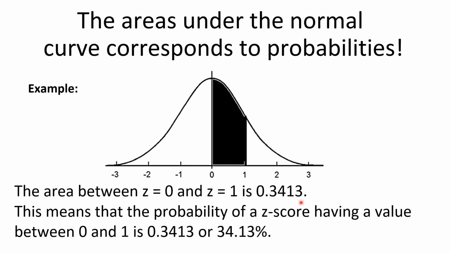Just look at your z table, locate 1.0 on the left side of your z table, and locate 0.00 on the top of your z table, then get the intersection. And you will see 0.3413. So this means that the probability of the z-score having a value between 0 and 1 is 0.3413 or 34.13%.